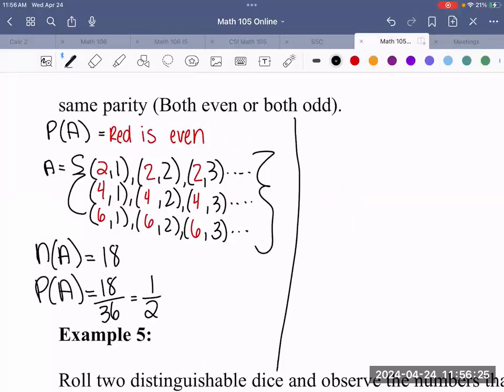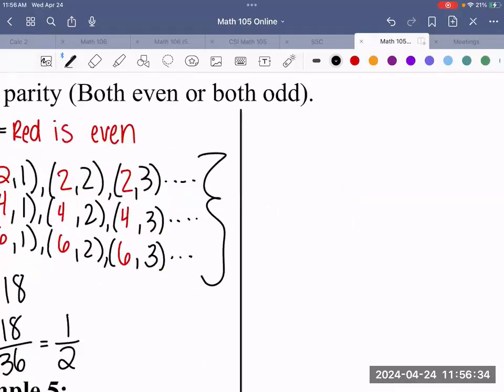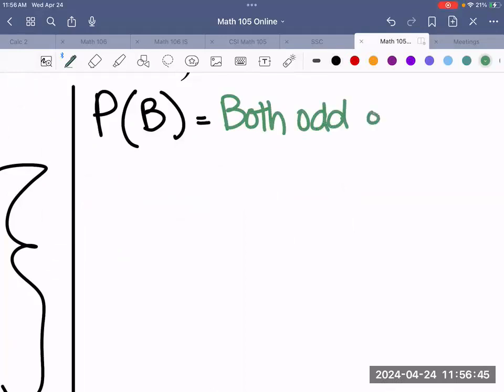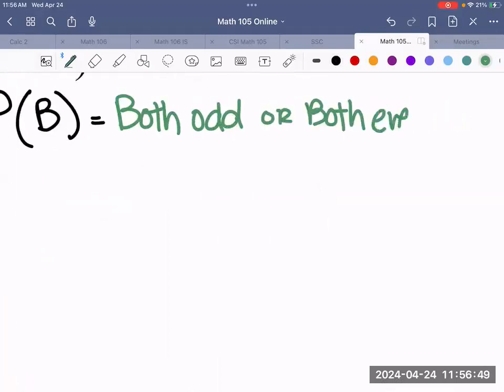Now do the same thing with B. If you did not pause the video, I would say pause the video and try out B, where B is the same parity, that they're both odd or both even. So what does that look like?